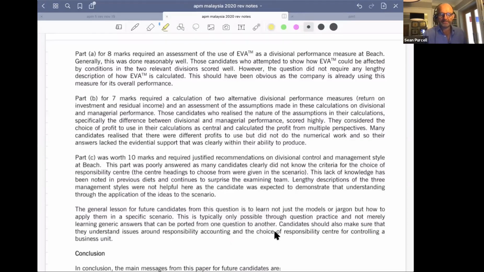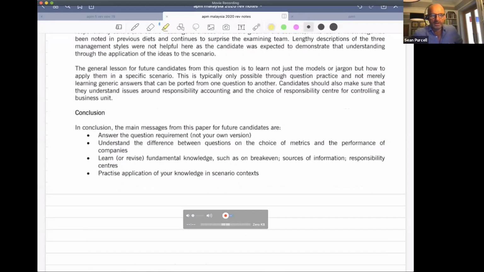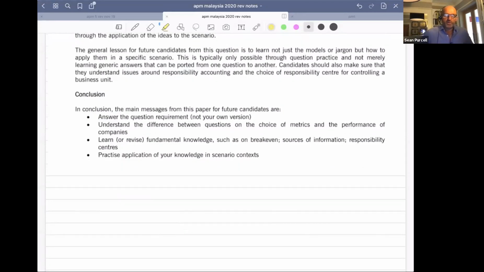So what's the main message that the examiner wants you to take on board? Answer the question requirement, not your own version. Don't just try and push in your learned model. Understand the difference between questions on the choice of metrics and performance. Practice application of your knowledge.